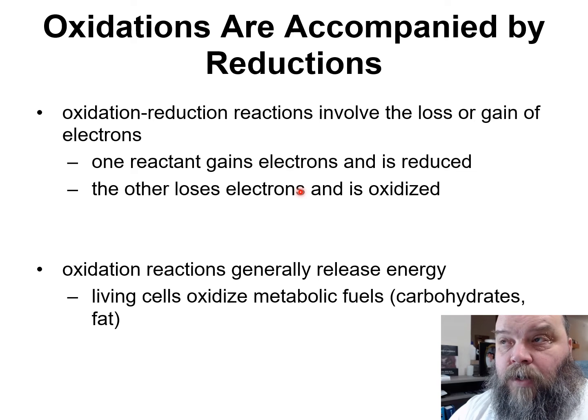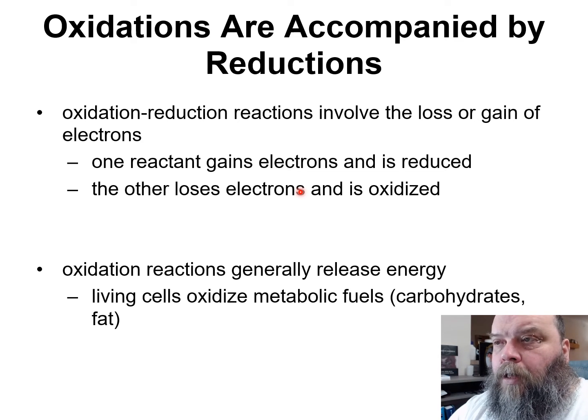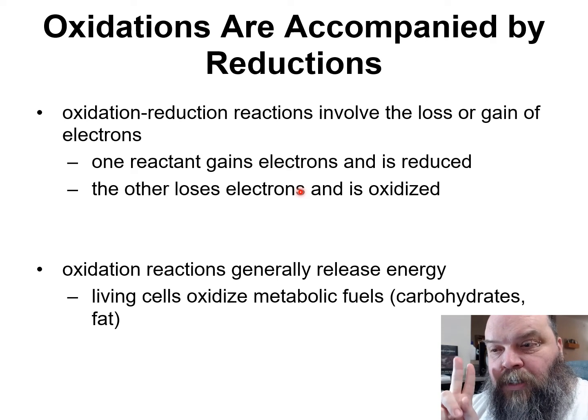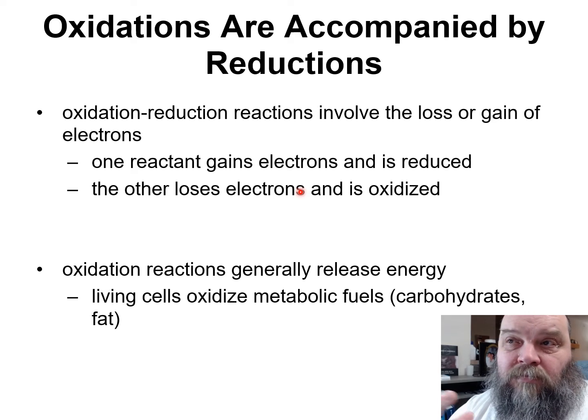Loss, gain of electrons. Biologically, look at this, loss, gain of hydrogen. Usually hydrogen is what you're going to be seeing moving. Not all the time. But you watch it and you see the molecules. It's not going to be just a free electron moving. It can sometimes be that. But more often than not, it's going to be a hydrogen acting as an electron carrier along with a proton.